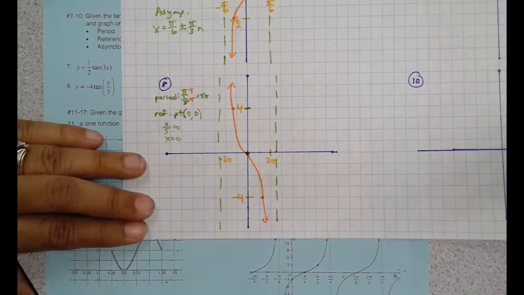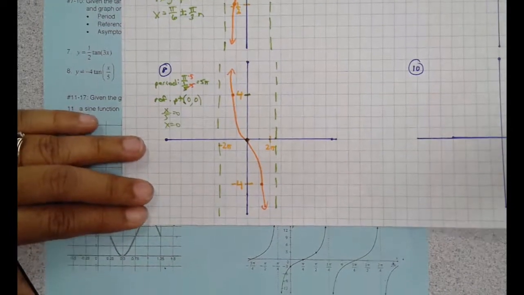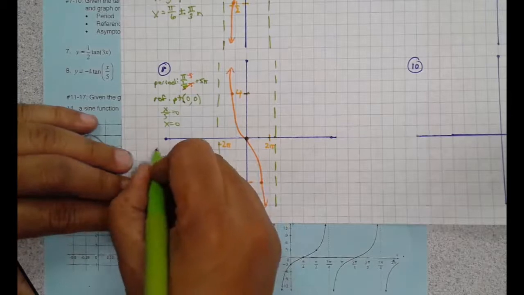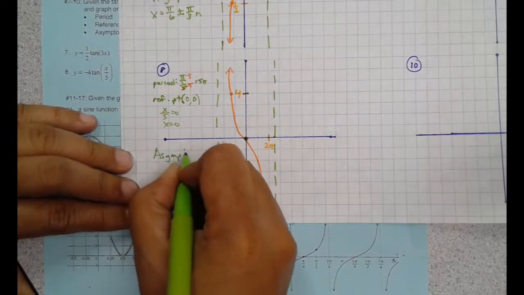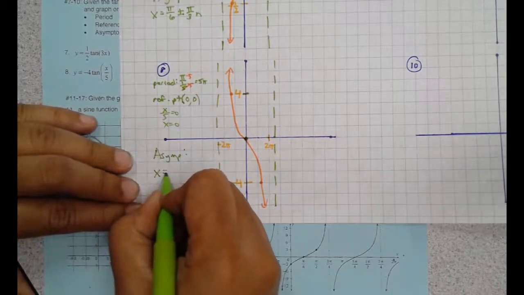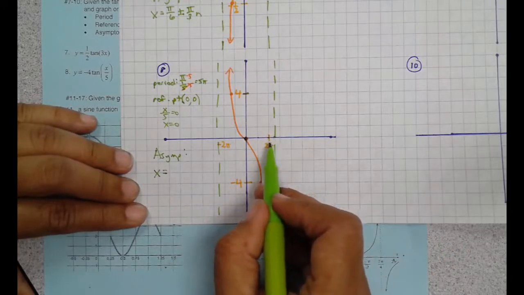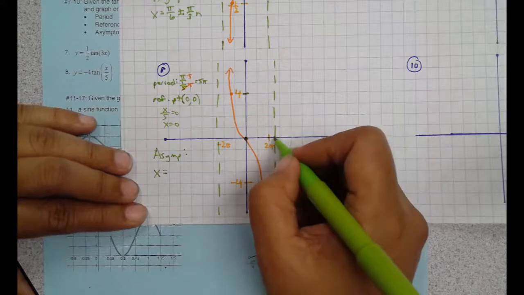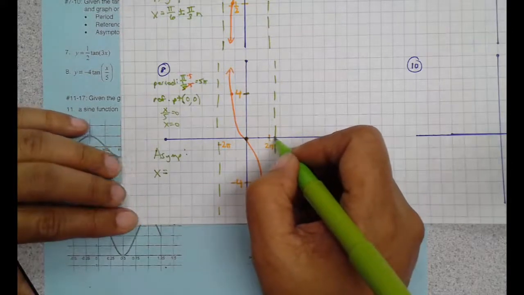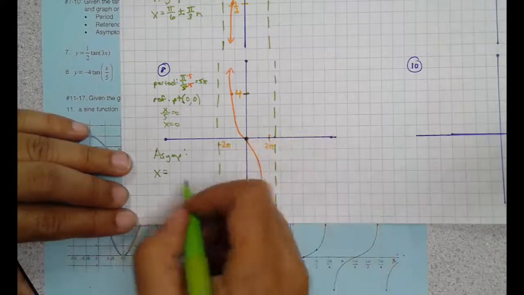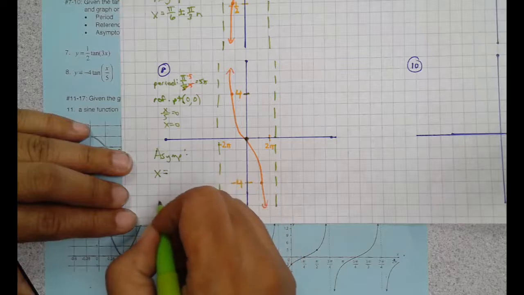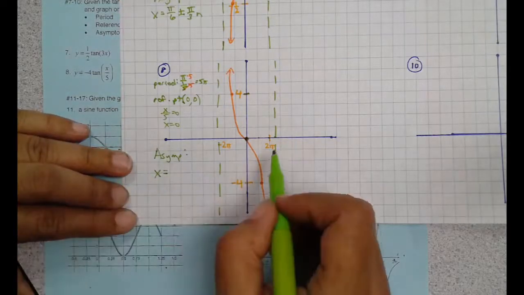And then the equation of the asymptote, I'm not going to forget that like I did last time. So the asymptote, you start with x equals, and then we're going to start with either one of these two. So you could use positive 2.5 pi or negative. And technically, usually in radians, we don't like to write it as decimal.